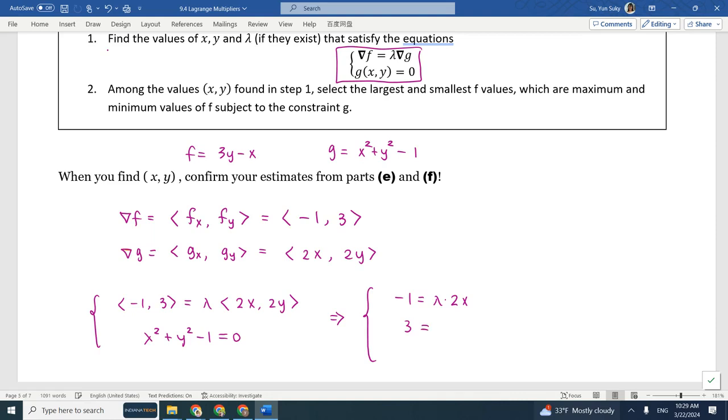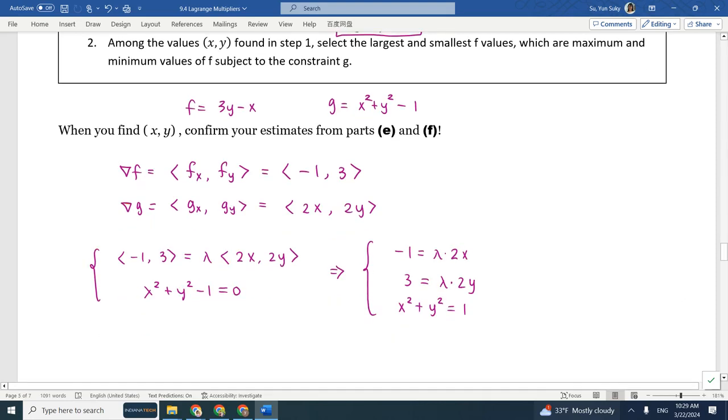Three equals lambda times 2y. Exactly. And then the constraint, x squared plus y squared, we can put the 1 on the other side, and it looks nicer. Is that okay, everybody? So we get 3 equations. 1, 2, 3. This is a system of 3 equations. And how many unknowns are there?